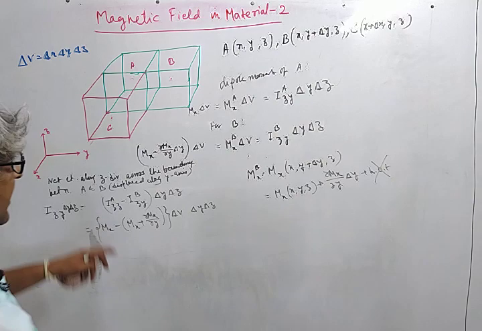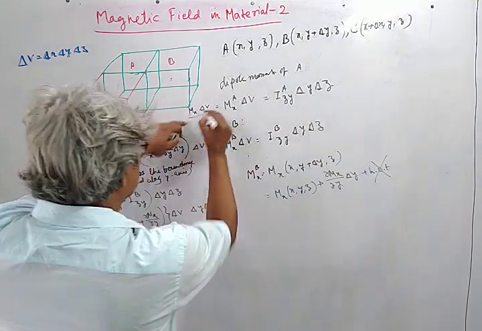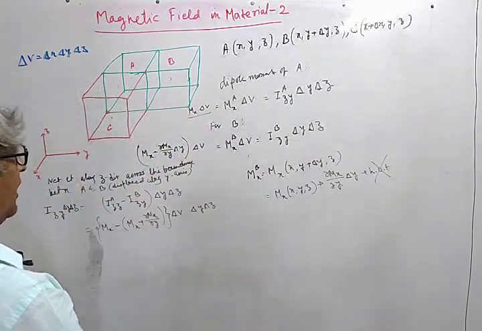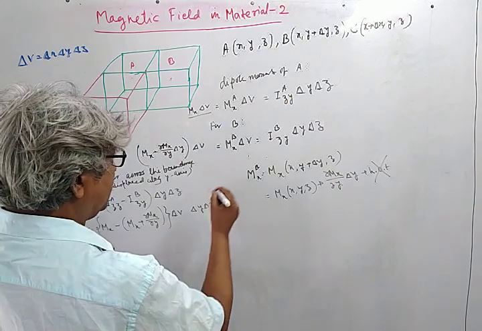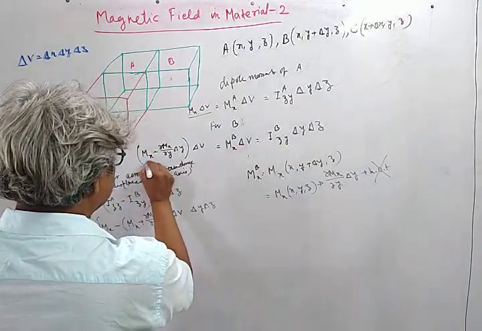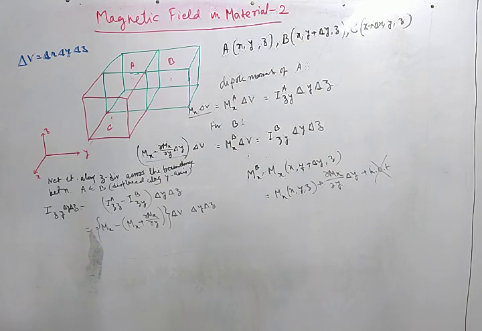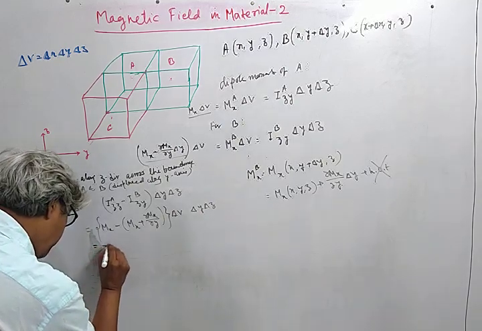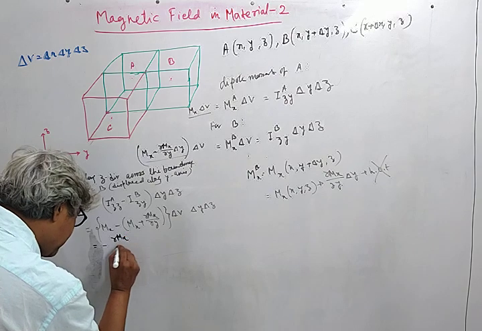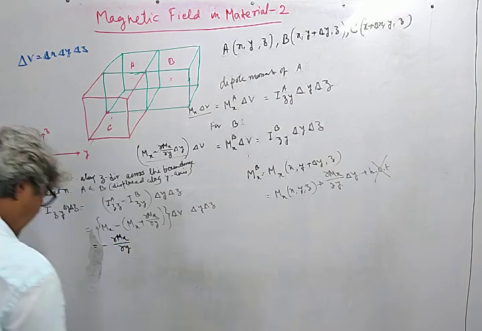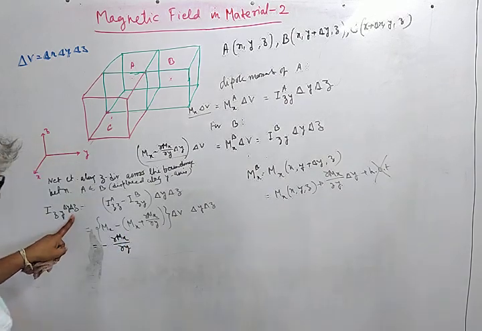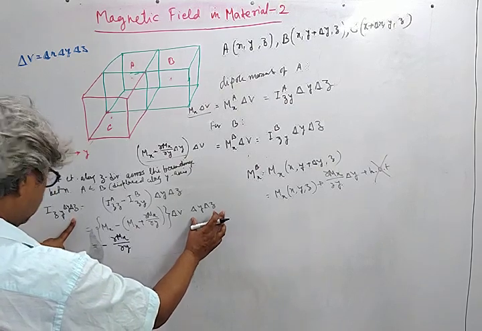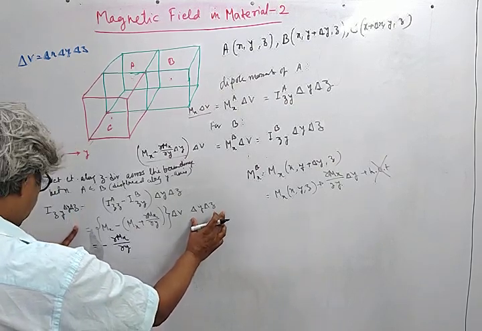For I_zA I have used this expression, and for I_zB I have used this other expression, and on simplification we see that it is minus delta x delta y, and y z cancels.